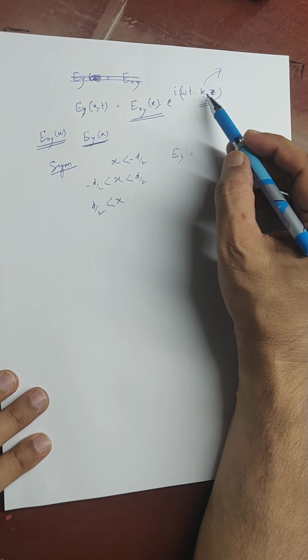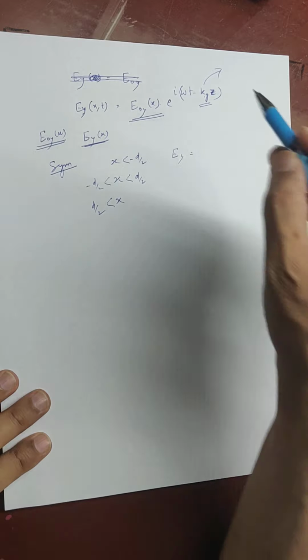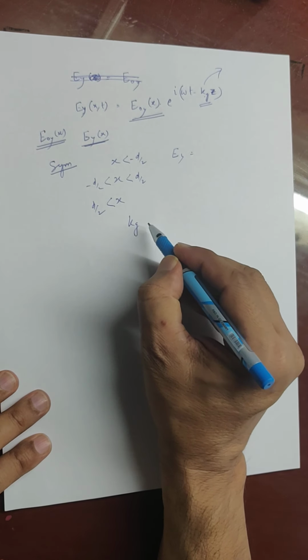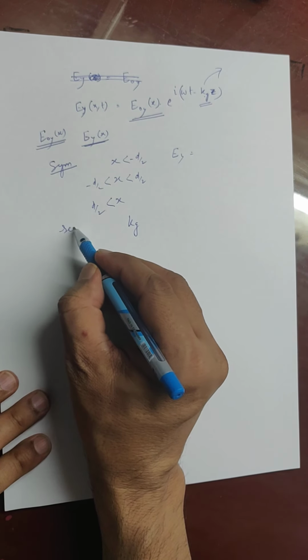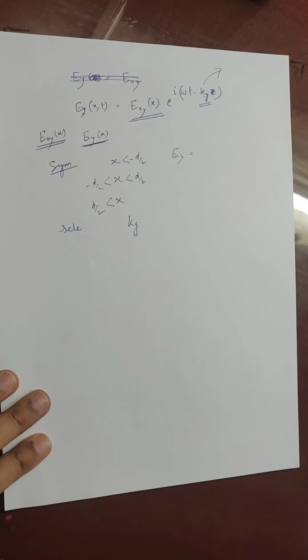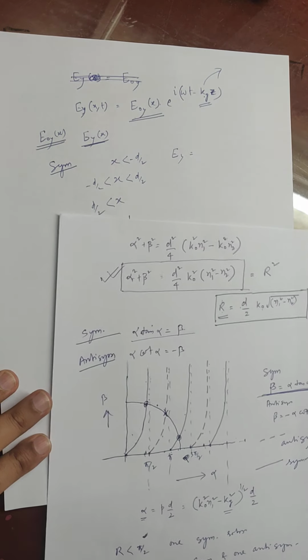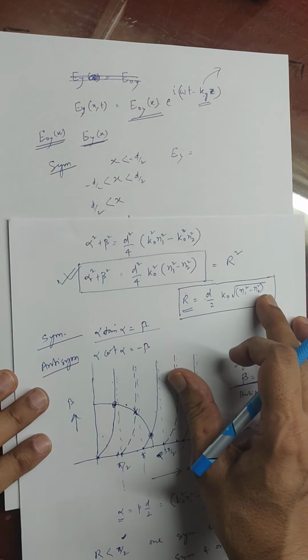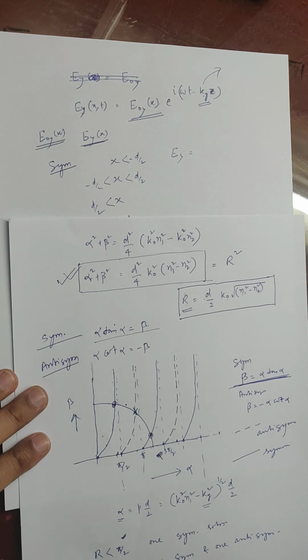There will be only some selected values of kg, and the selected values would be decided by the intersection of the graph that we have shown. From there we would get the selected values, and those values would give us the direction of the electromagnetic wave that would get trapped inside the waveguide.